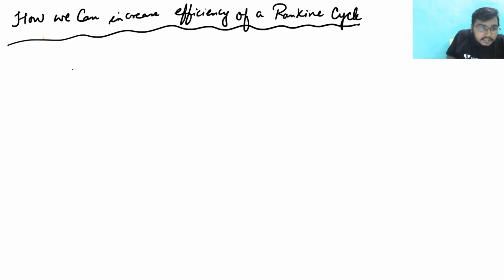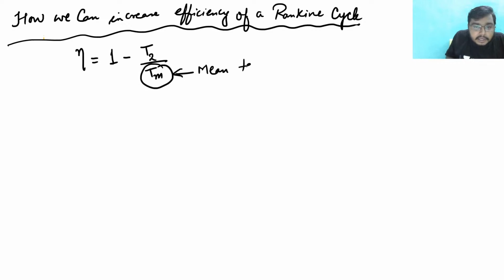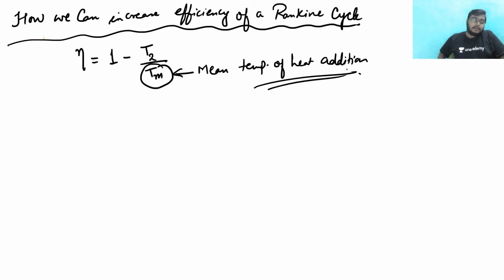We have seen that the efficiency of a Rankine cycle is equal to 1 minus T2 by Tm, where Tm is the mean temperature of heat addition.